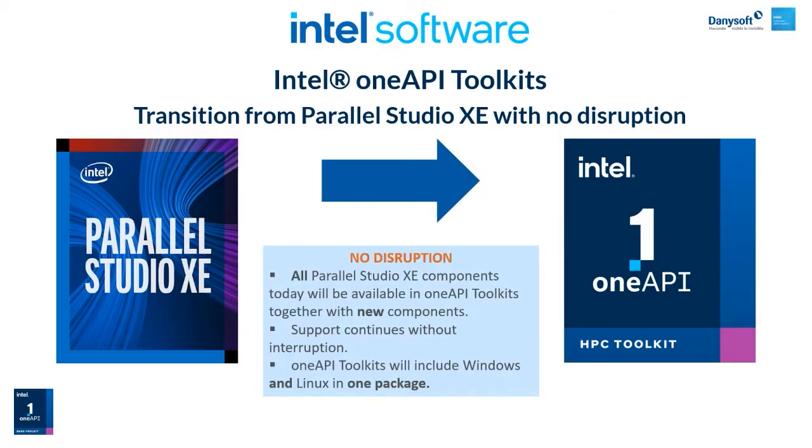Intel is aware that the people who are using Parallel Studio now will do the transition from Parallel Studio to oneAPI, and they prepared this transition without disruptions. All Parallel Studio components will be available in oneAPI toolkits, and there will be other new components also available to the actual users.